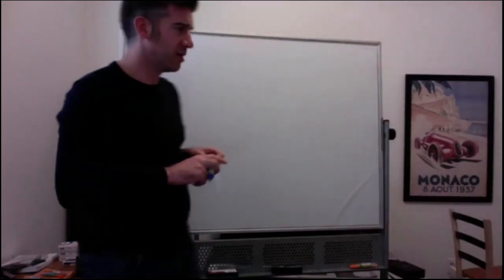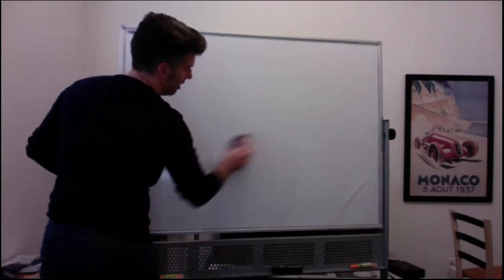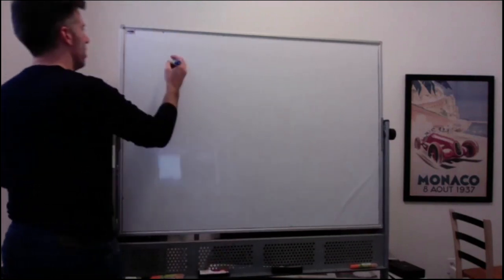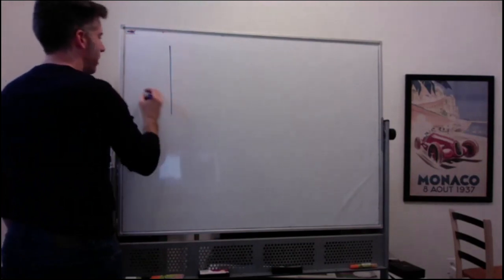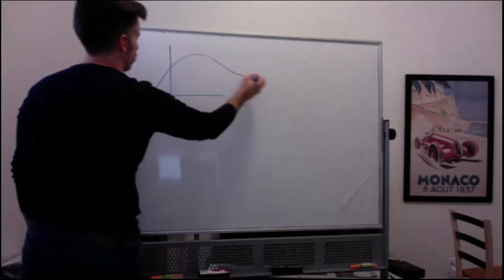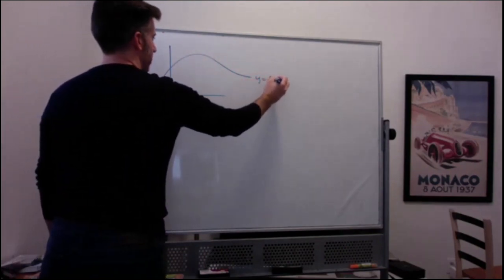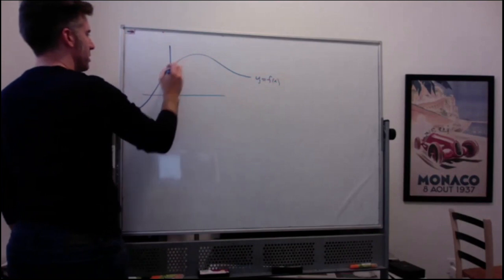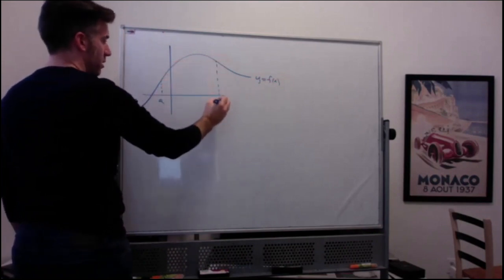Okay, so here's the idea. I'm going to do the same kind of thing as the other day. I'm trying to find the length of this curve, y equals f of x, between, let's say, a and b.